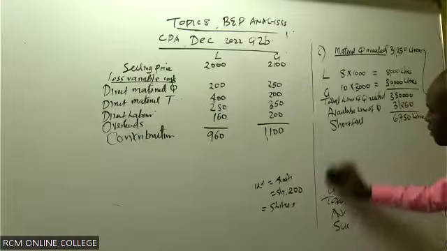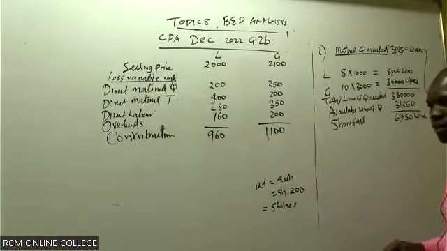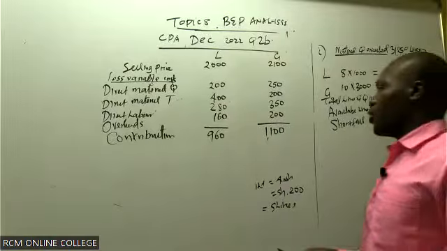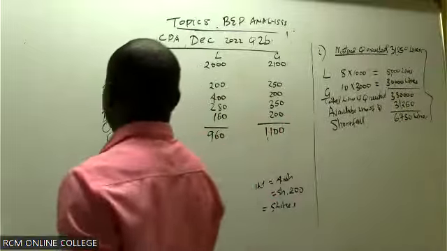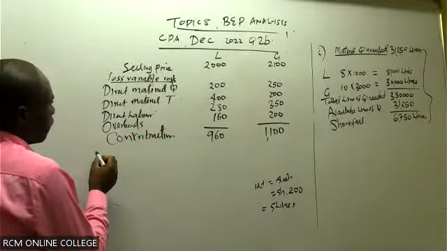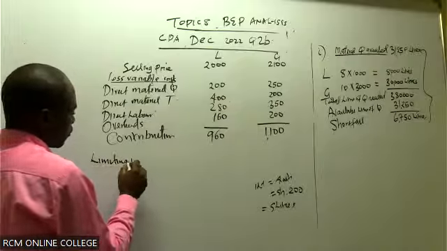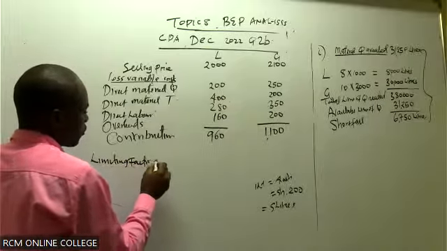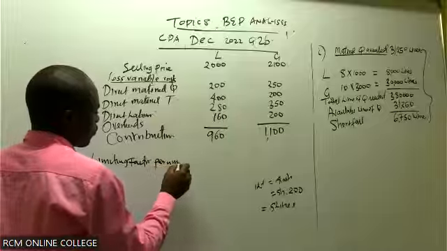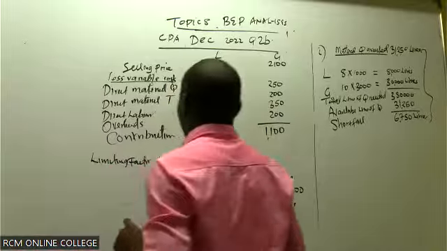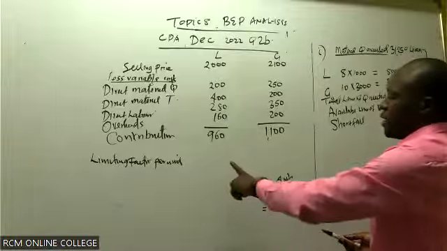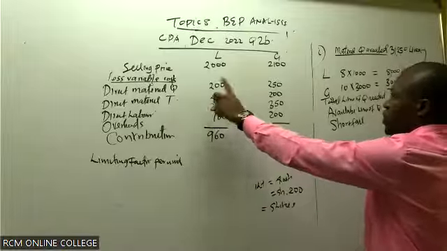Is it clear to somebody? Good. So let's now go ahead and get limiting factor per unit. We said, how many liters do they need to produce 1 unit of L?